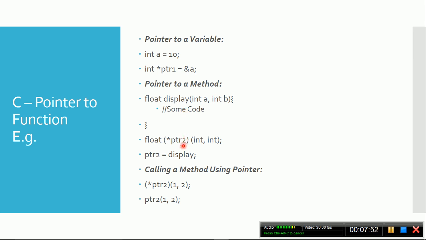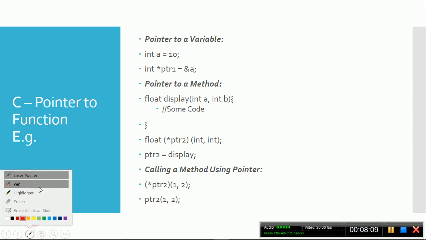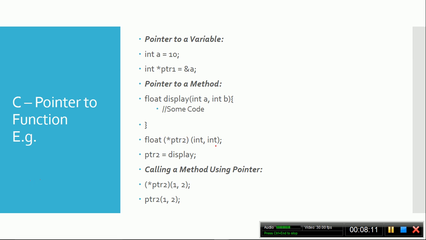So how can we assign the address of display to ptr2? We will do ptr2 is equal to display. Normally, how do we call this function? For example, assume d is the function. If I want to call this function, I will add the parenthesis.